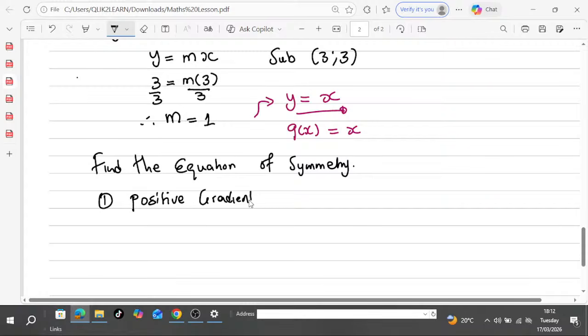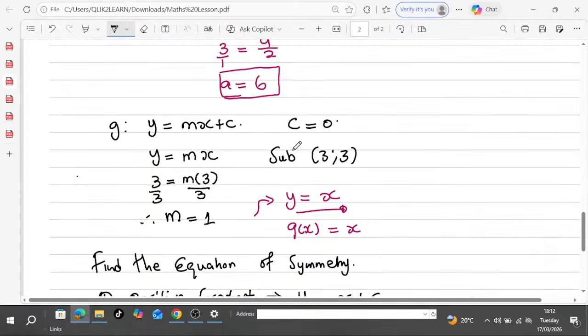Remember, the axis of symmetry with a positive gradient is y equals x plus c. You just have to find the value of c. The axis of symmetry always has a gradient of 1, so we just have to find the value of c. Now we need to find one point there.